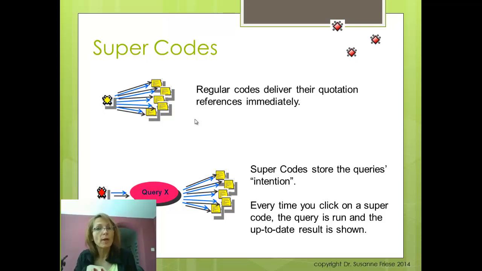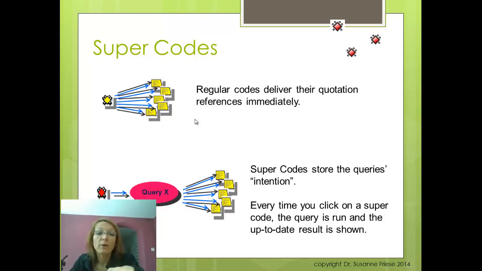And if you open up a project, it's not going to show you the frequencies unless you run it. So if you double click, it will run it, and then it will show you it has 26 quotations or whatever. So it is calculated every time you click on it. The frequencies stay there in an open session and only show an asterisk again the next time you open Atlas. So this is what supercodes are all about.